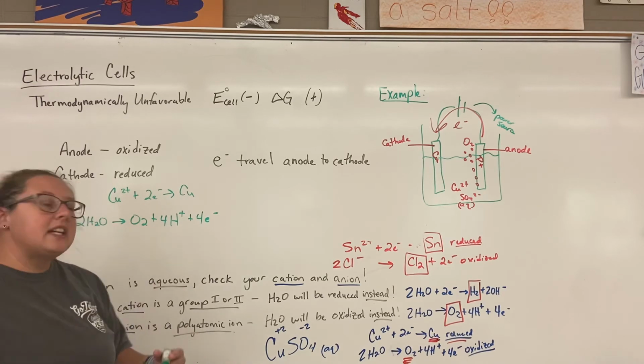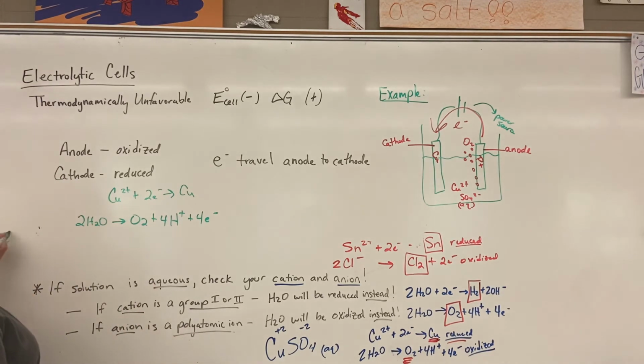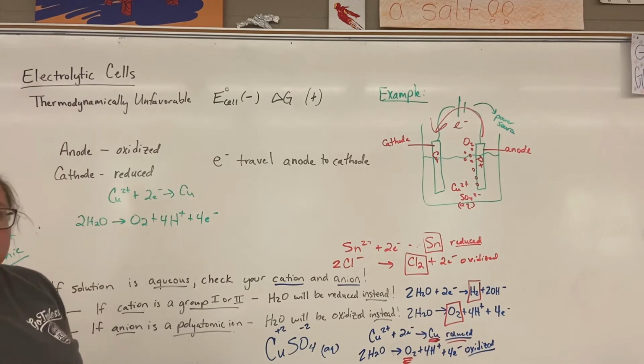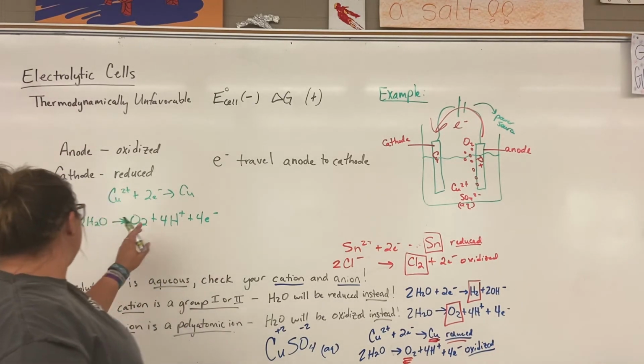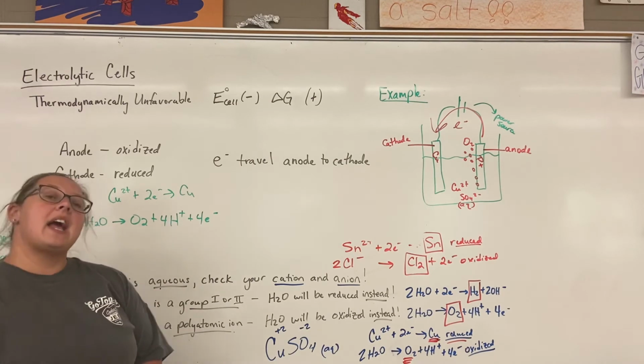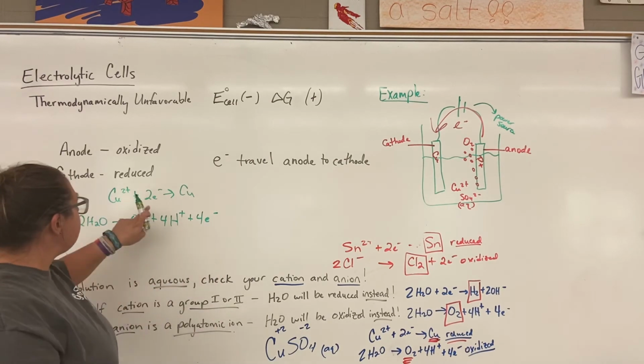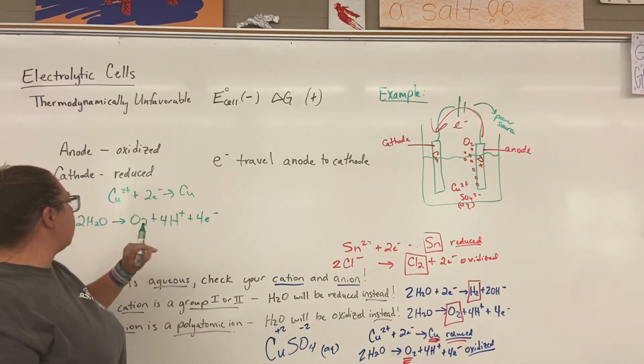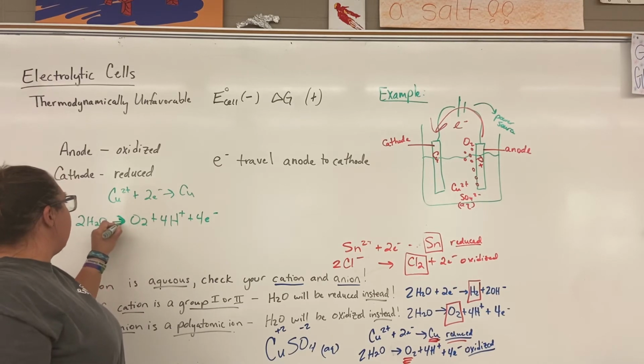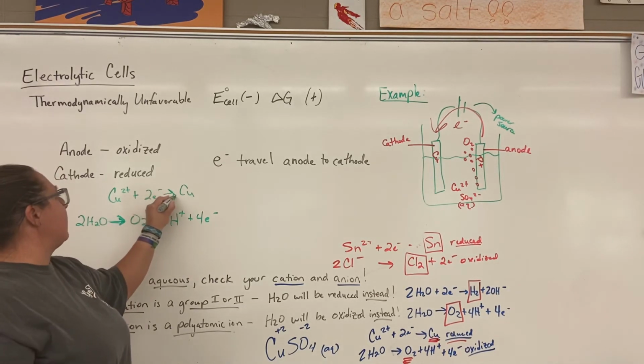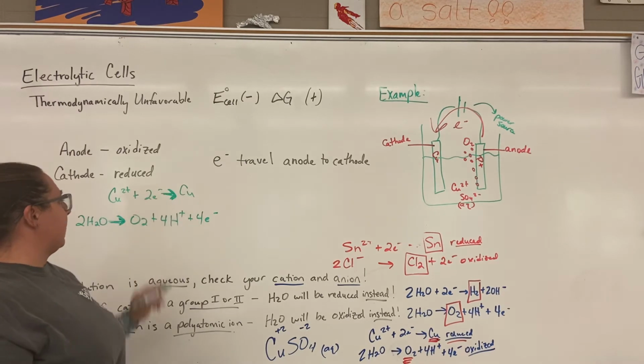Now, my goal is to write the net ionic equation for what is happening here. When I write my net ionic equation, what I have to do first is balance my electrons on both sides. So we have a yield sign right here, and we have a yield sign right here.